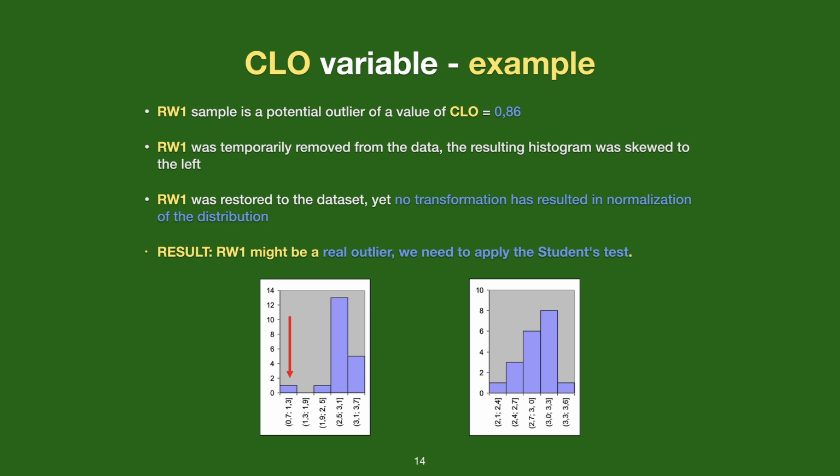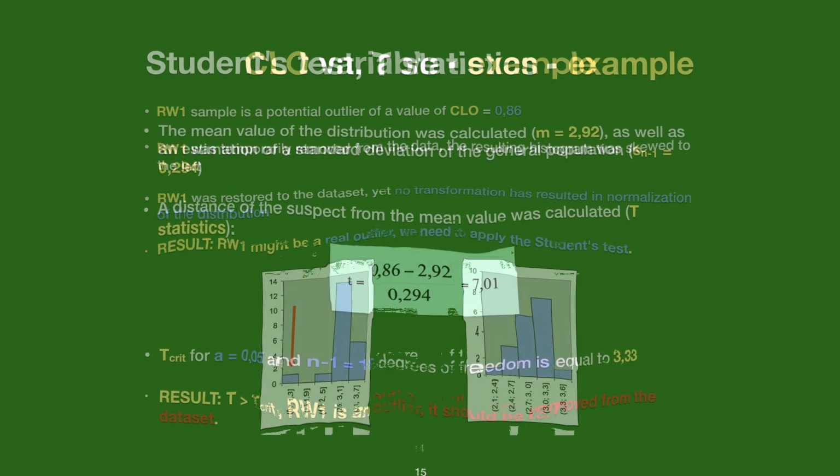But none of them managed to normalize the distribution properly. So unlike TB, this case remains suspicious. The conclusion here is cautious but clear. RW1 might be a real outlier, so we need to apply Student's test. So the plot has spoken, but not yet with full authority.